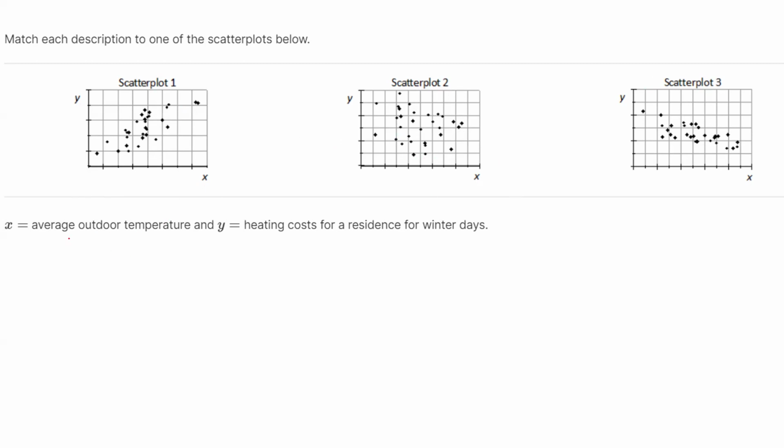plots. Your x, explanatory variable, free variable, is the average outdoor temperature, and y, dependent variable, is heating costs for a residence on winter days.